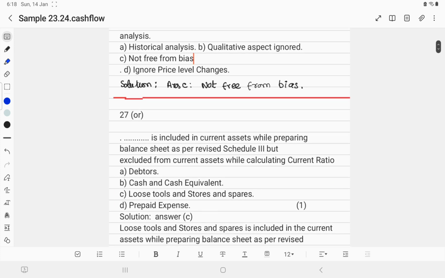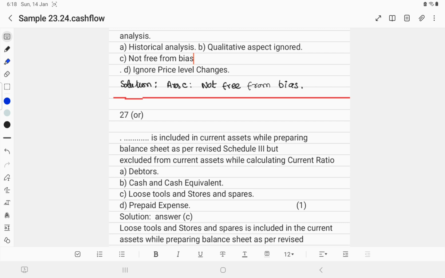27 or question. Dash is included in current assets while preparing balance sheet as per revised Schedule 3 but excluded from current assets while calculating current ratio. A. Debtors. B. Cash and cash equivalent. C. Loose tools and stores and spares.